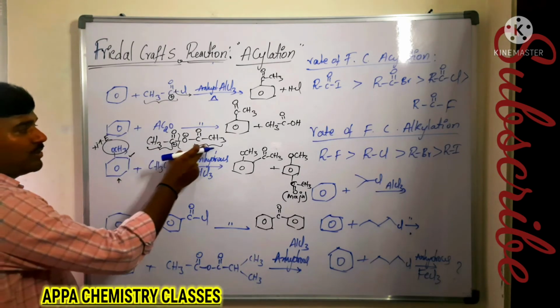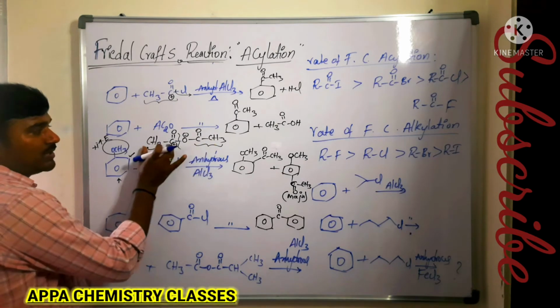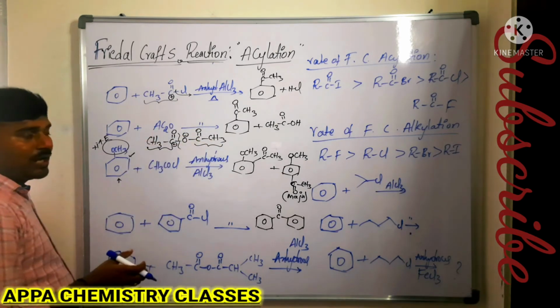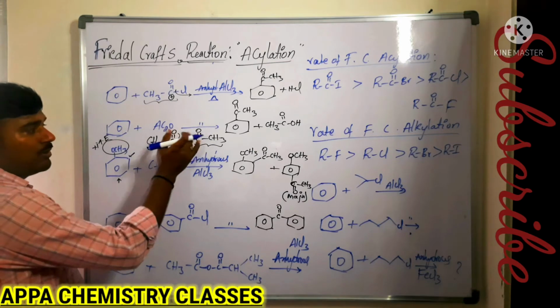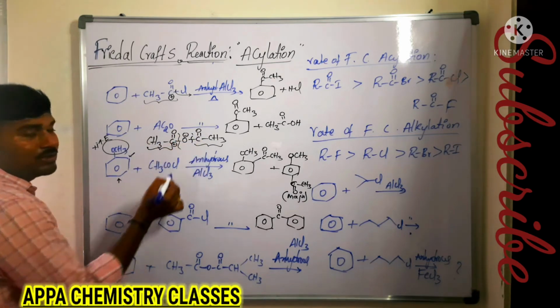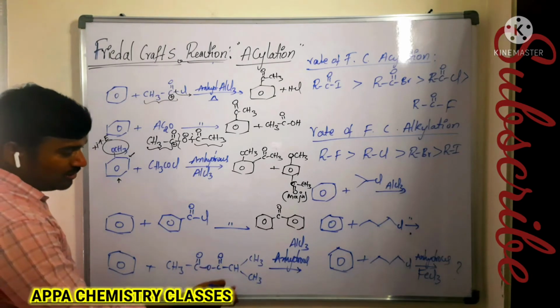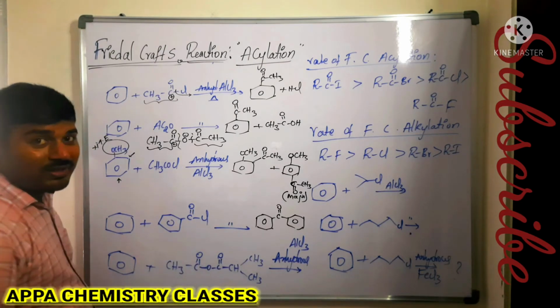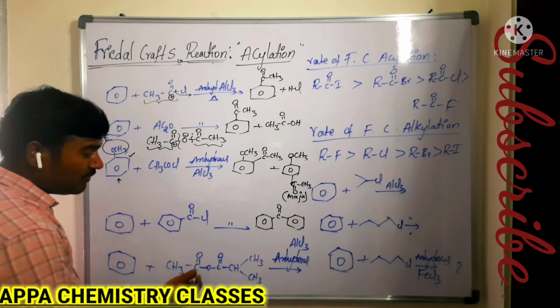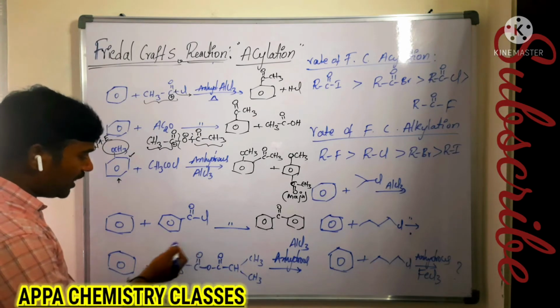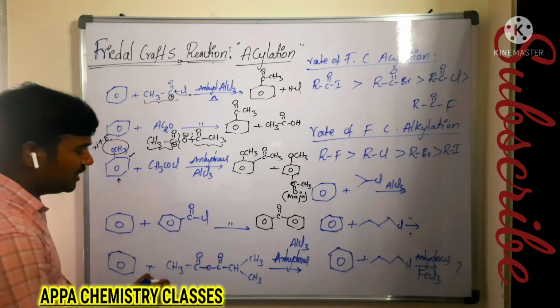Now if you have the same type of acetyl groups in acetic anhydride, any one bond we can break, either this one or this one. But in this case you see we have different alkyl groups. So which bond will be substituted, which type of acyl group will be substituted on the benzene ring?